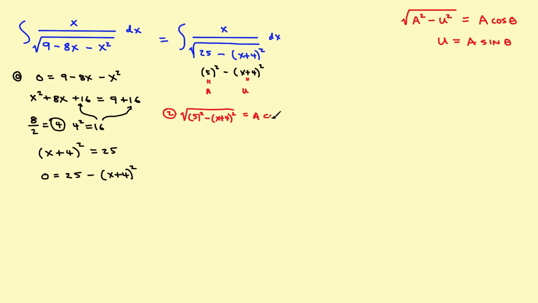So a times the cosine of theta. So that gets you to this. 5 squared minus x plus 4 squared is equal to, now a is equal to 5, so you'd have 5 times the cosine of theta. So you've got your first part of the conversion right there. That takes care of the square root. So let's look at the next step.